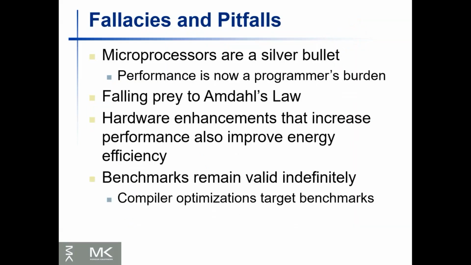Okay, so this is just a conclusion. Microprocessors really solve a lot of problems, but they are still limited by laws such as Amdahl's law. You have hardware enhancements that improve performance. Of course, today you can see my 4-year-old laptop, and today's i5 is almost twice as fast. To measure the performance, we have to do certain kinds of benchmarking.